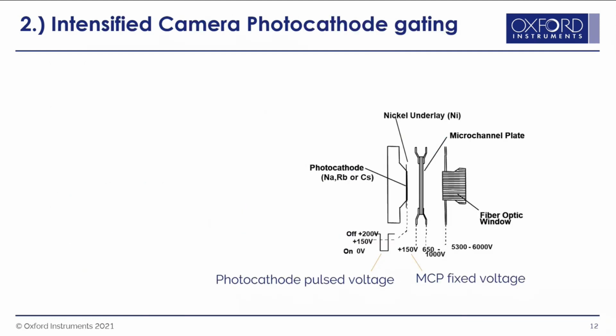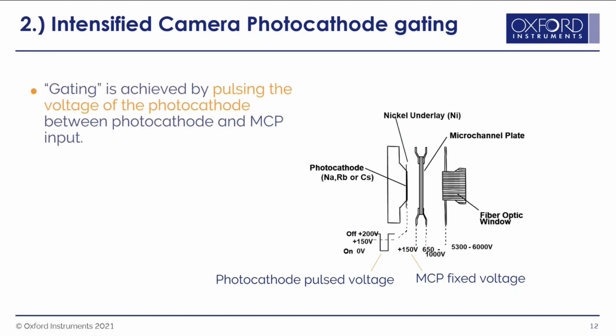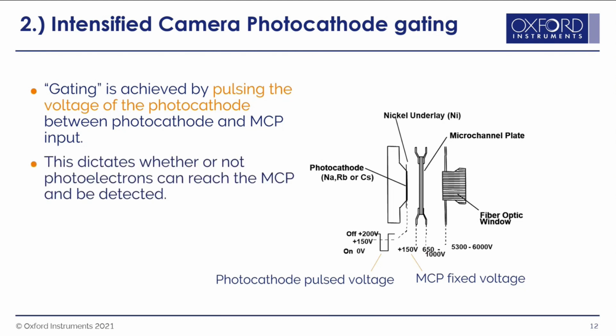So in terms of how a photocathode actually gates, we achieve this by pulsing the voltage in the photocathode. When the voltage is set to 0 volts, photons can impact our photocathode and generate photoelectrons, which can then be channeled into the microchannel plate. However, we can toggle this and run a voltage across it.